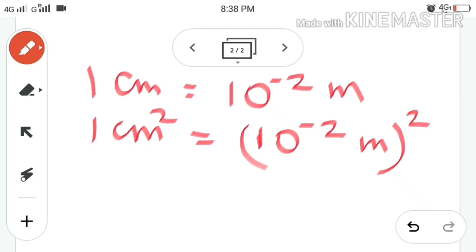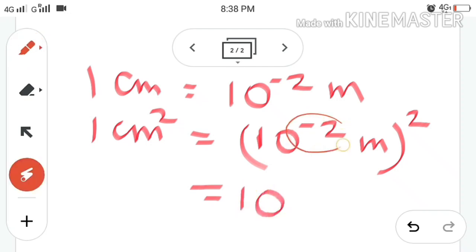Understood? Now next step. Now what is the value of 10 power minus 2, the whole power 2? You all know that if it has one more power, what we should do? Multiply it. That is 10 power minus 2 into 2 will be minus 4.